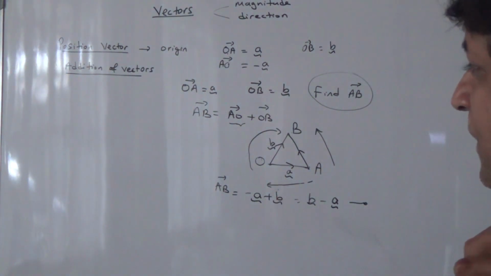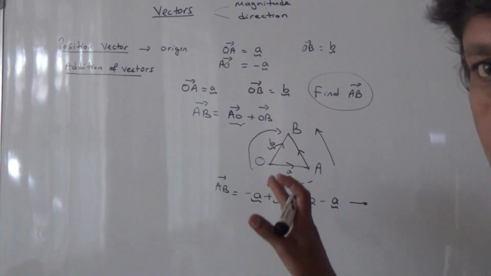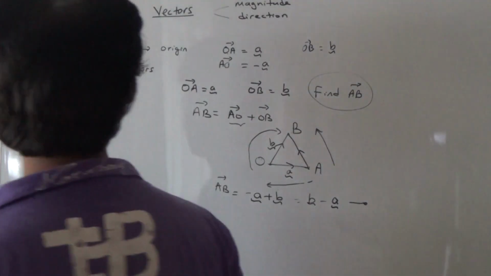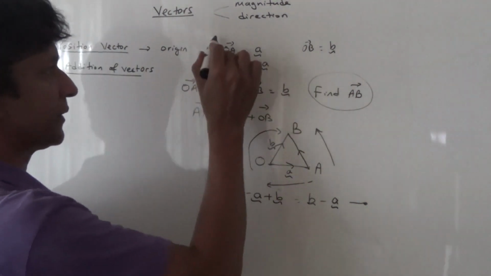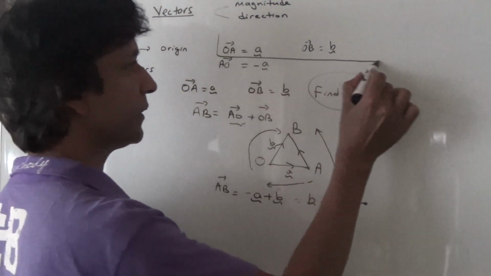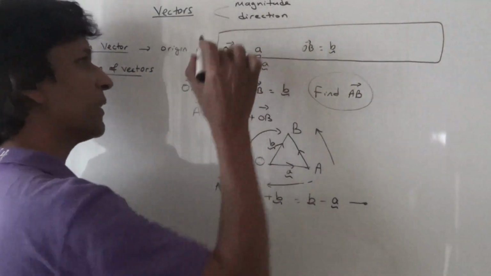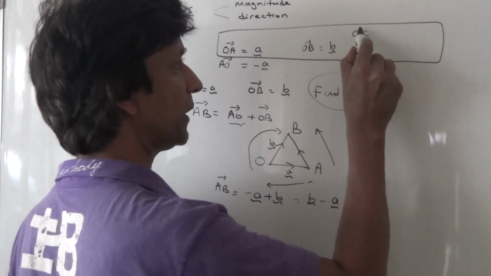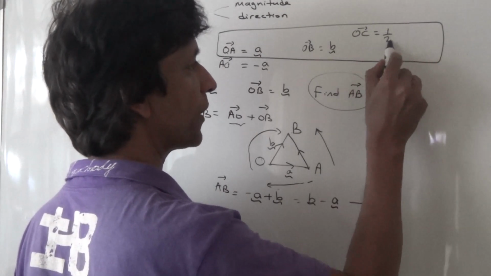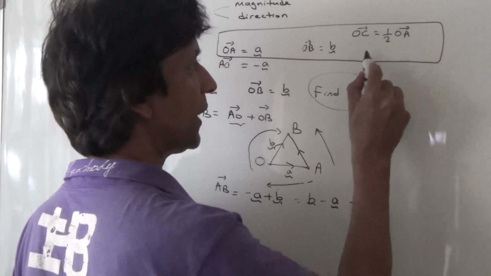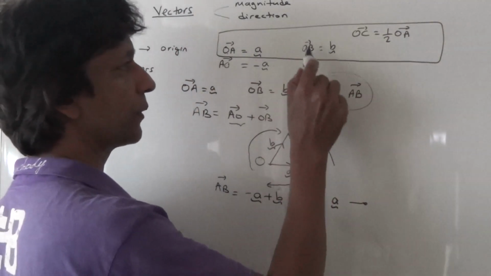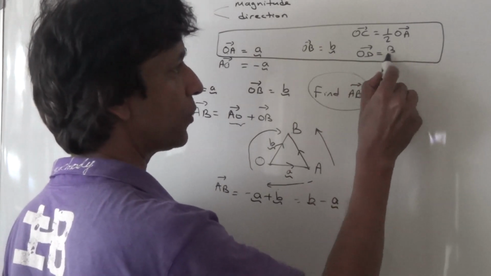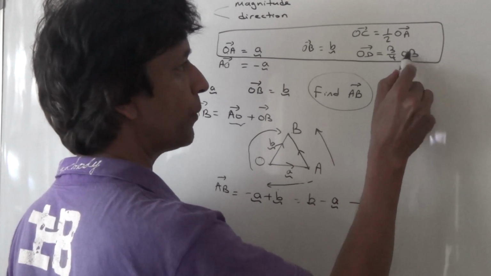Interestingly, I can go a lot further. Let us say we have these vectors, so this was the first part of the question. Now I give you vector OC, and I tell you that OC is equal to half vector OA, and I also give you OD, and I tell you that the vector OD is 3/4 vector OB.